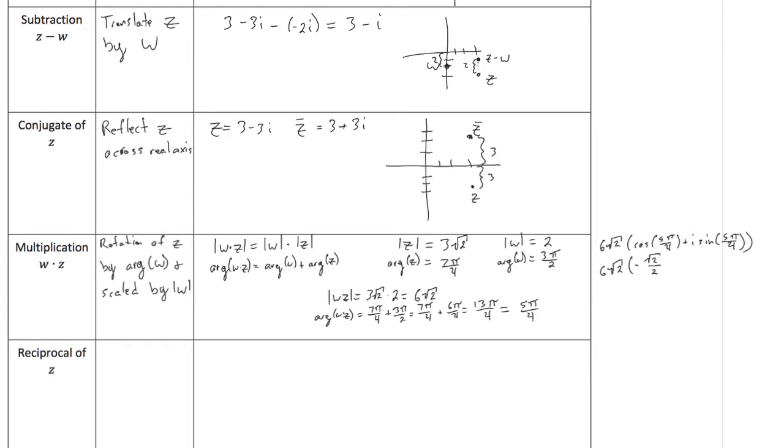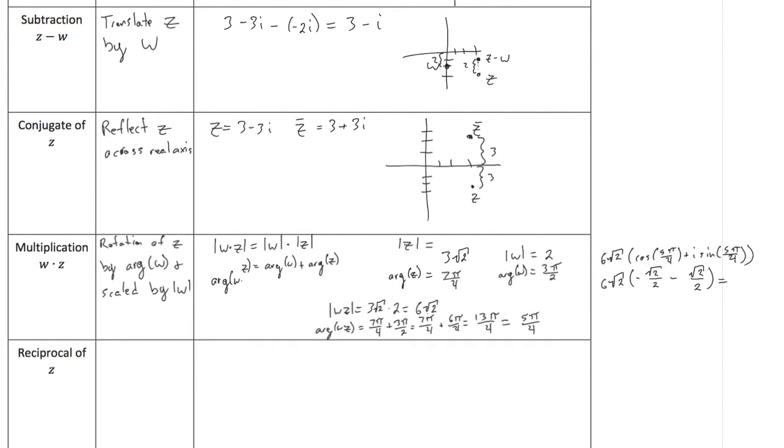And then sine will also be my y, which will also be negative there, so minus root 2 over 2. And so this is going to be equivalent to negative 6 minus 6i.